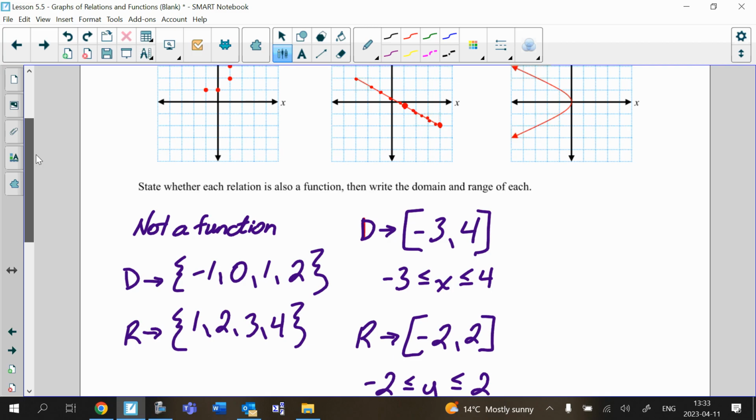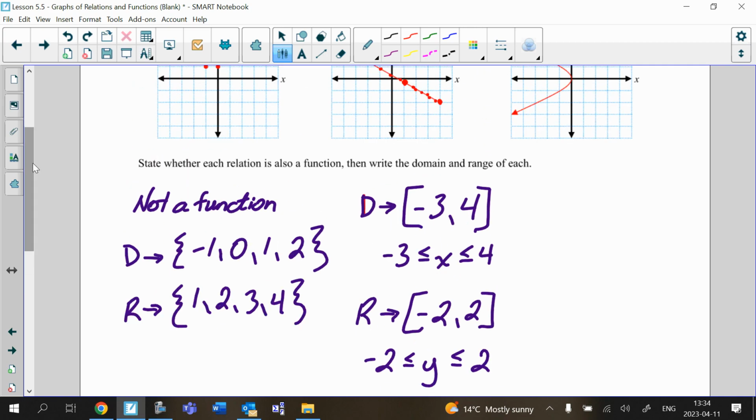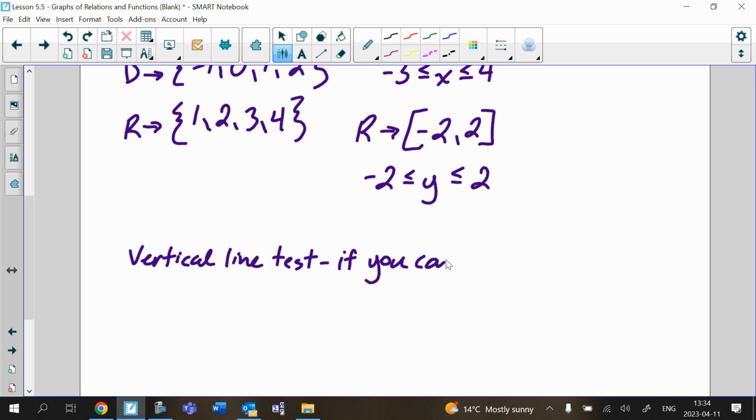So the vertical line test: if you can draw a vertical line through more than one point on the graph, that means a domain value repeats.